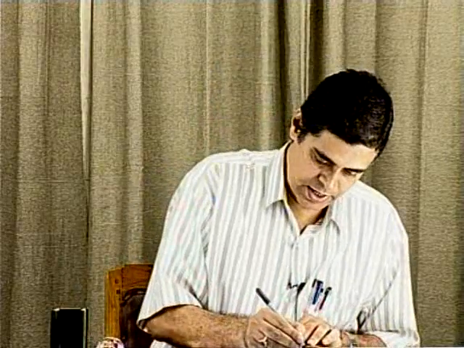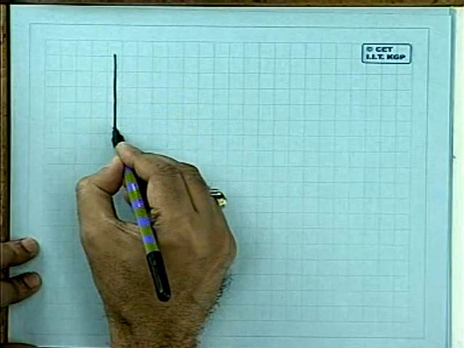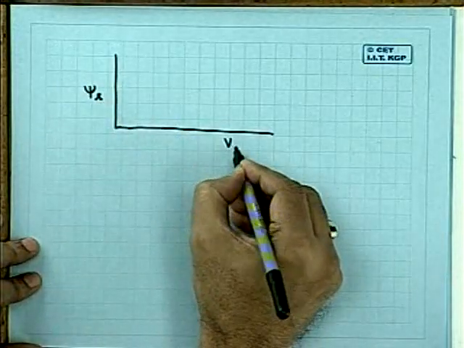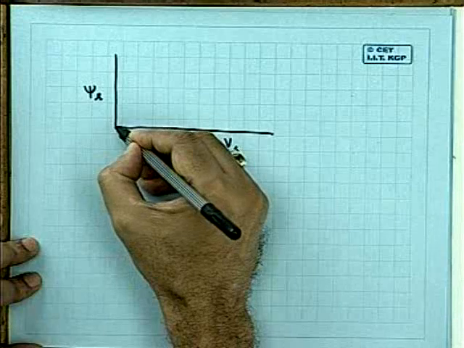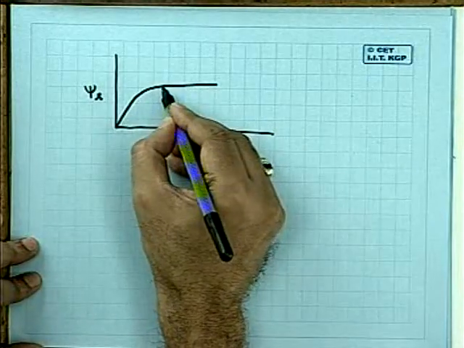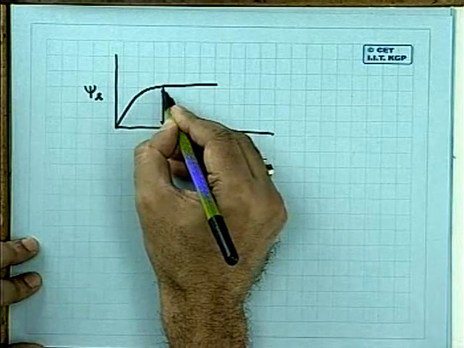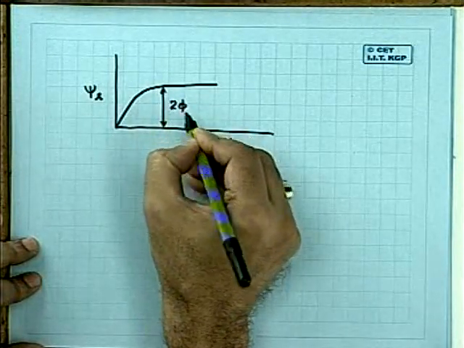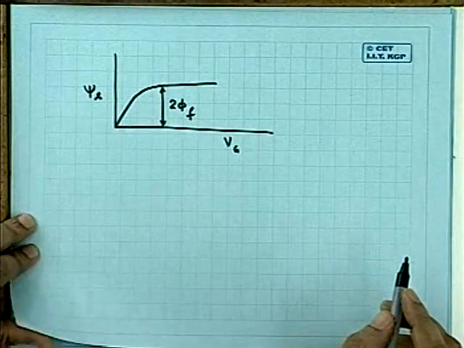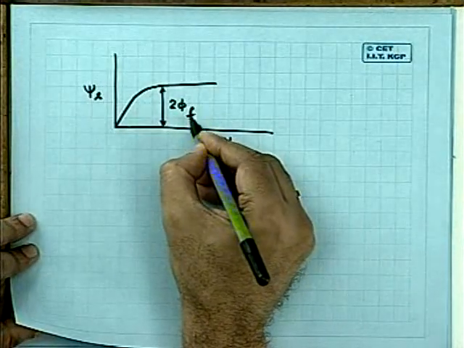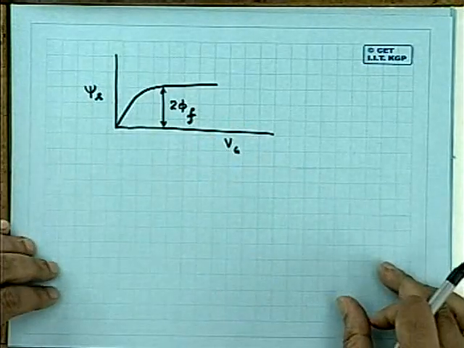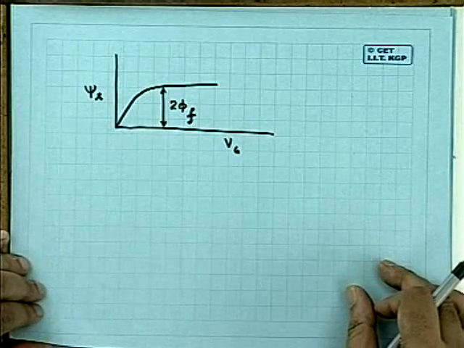Therefore, I have made that approximation. One is regarding psi s as a function of Vg. I assume that with increasing Vg it saturates. This one is twice phi f. This is one approximation I have made, again based on the principle of electrostatic screening, which I have introduced.